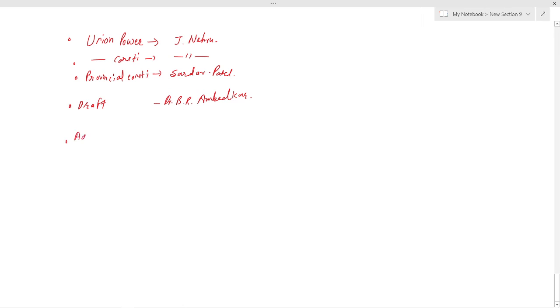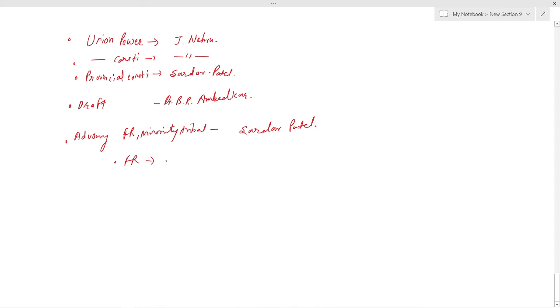Advisory Committee on Fundamental Rights, Minorities and Tribal and Excluded Areas. It was also under Sardar Patel. This committee had the following subcommittees. First is Fundamental Rights.